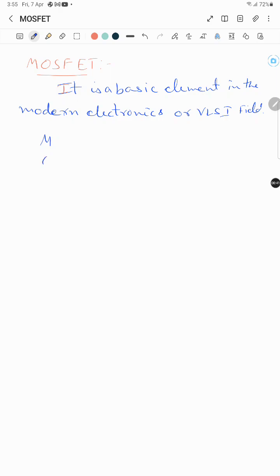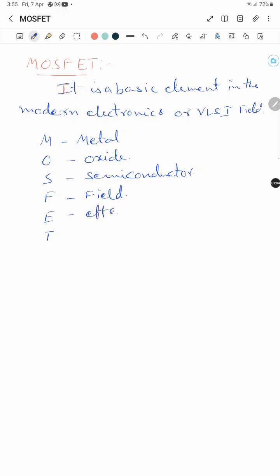If you see the abbreviation, MOSFET contains metal oxide semiconductor field effect transistor. The MOSFET full form is metal oxide semiconductor field effect transistor.